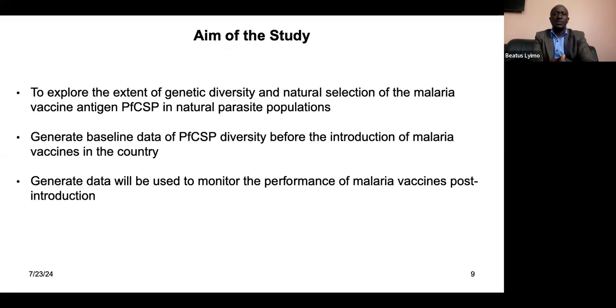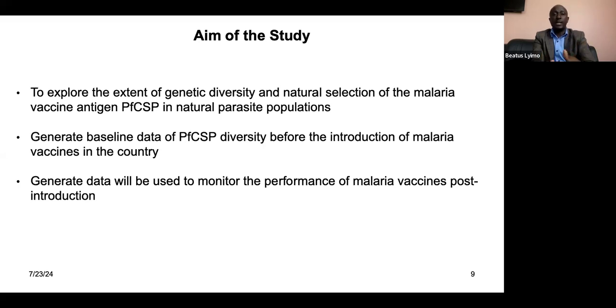Due to that, we came up with this study. The aim of this study was to explore the extent of genetic diversity and the natural selection of the malaria vaccine antigen Pfcsp in the natural parasite population.